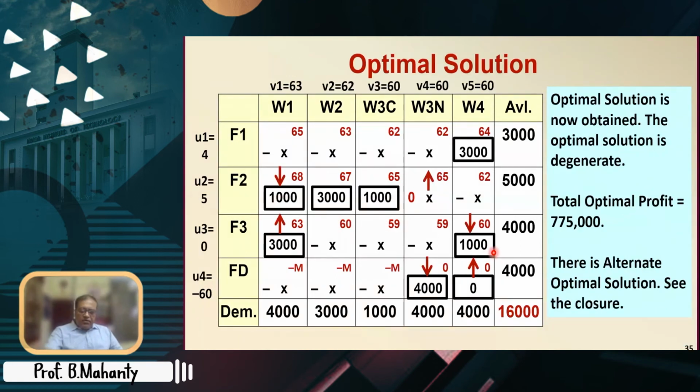Let's go to the next slide where we have shown this. See, lowest value to go down is 1000, but there is a tie there, and that tie is 1000 and 1000. So if both go down and you put a cross on both, then we are not going to have the required number of basic feasible solutions.